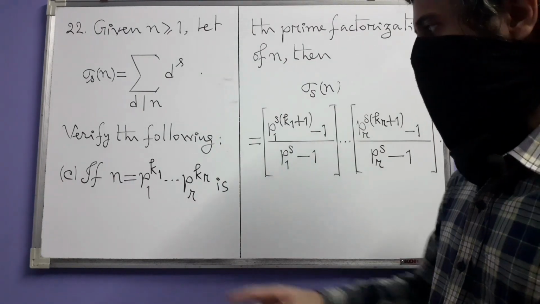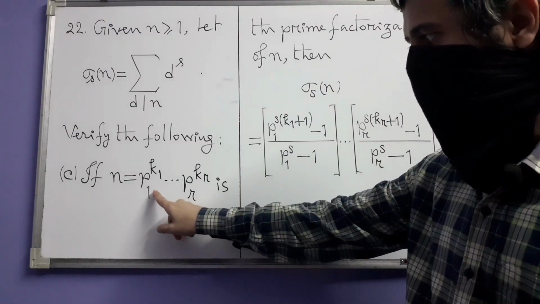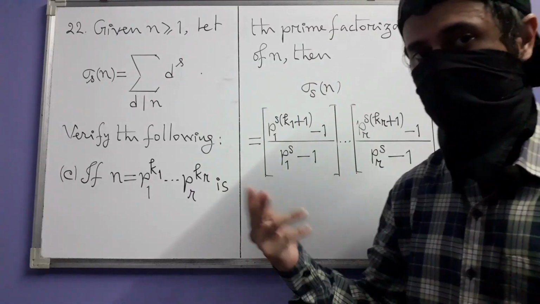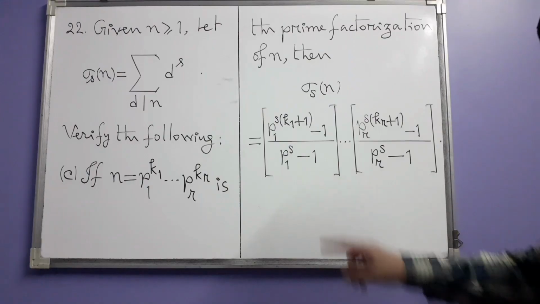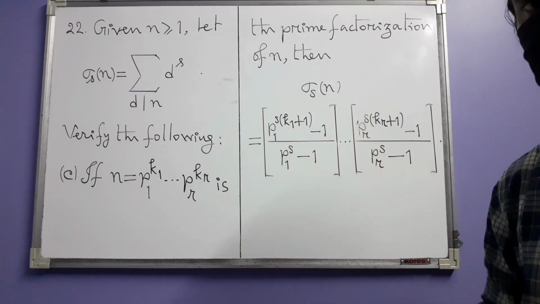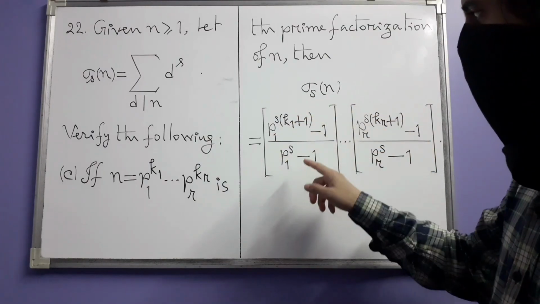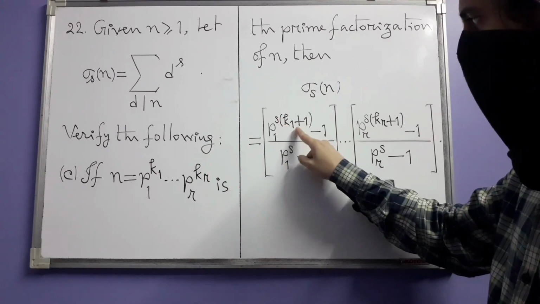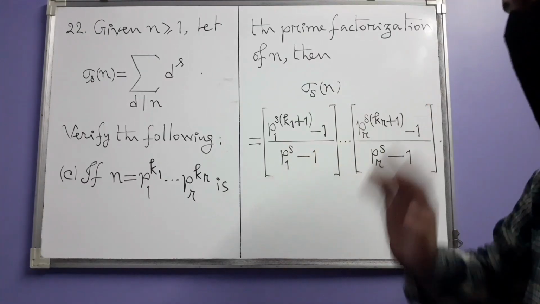In part C, the prime factorization of a positive integer is given, where the primes involved are these p1, p2 up to pr, and the exponents are k1, k2 up to kr, respective exponents. If so, then the sigma s value of n is this product, where you have one factor for each prime. For example, the factor corresponding to the prime p1 is p1 to the power s times k1 plus 1, minus 1, divided by p1 to the power s minus 1.